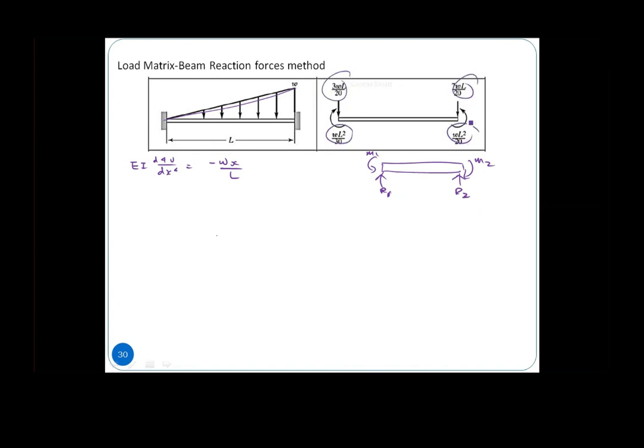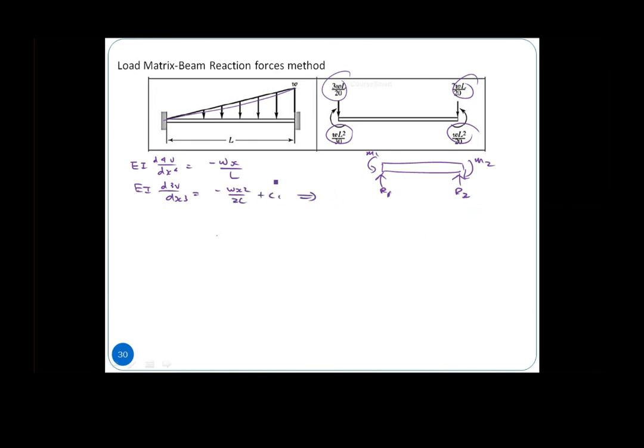So if we have determined R1, R2, M1, M2, then the opposite direction of it is our equivalent nodal loading. Right? So again, from here, we have our EI d^3v/dx^3 equals to negative Wx squared over 2L plus C1.